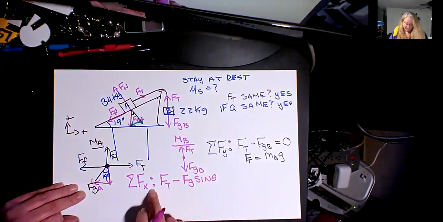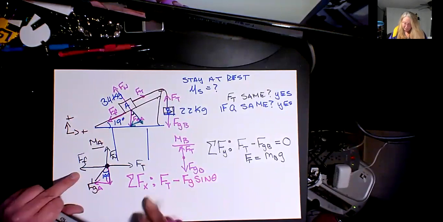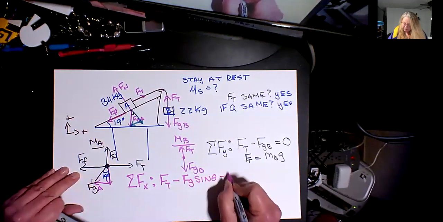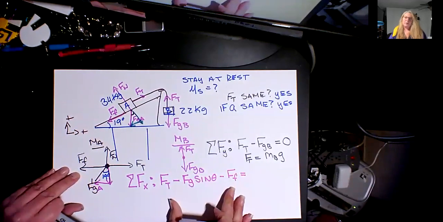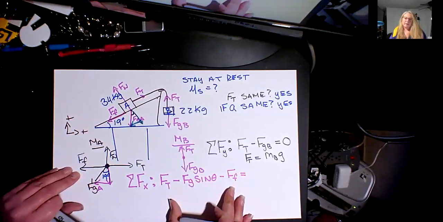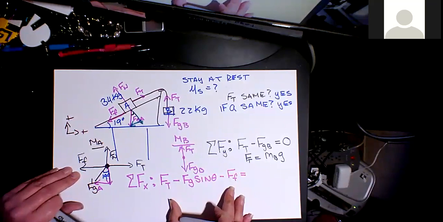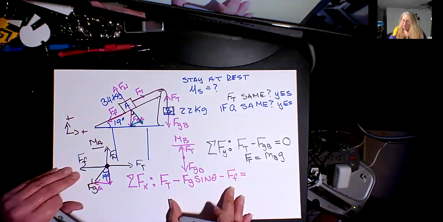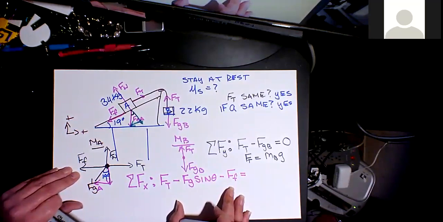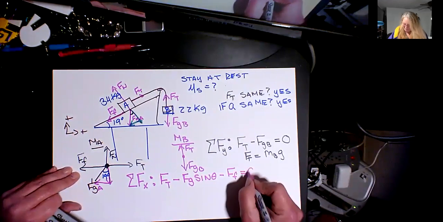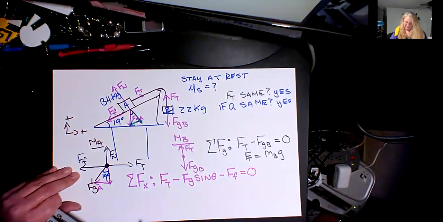So I'm in the x, I've taken the x component there. The only other thing I have here is minus the force of friction. And so what does that sum equal, 0 or MA? Would that be MA? Careful, what's the question that we're looking for? Oh, if it's at rest. There you go, yep. So 0.